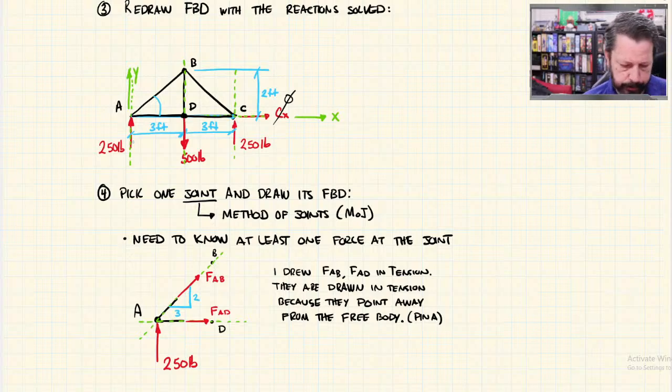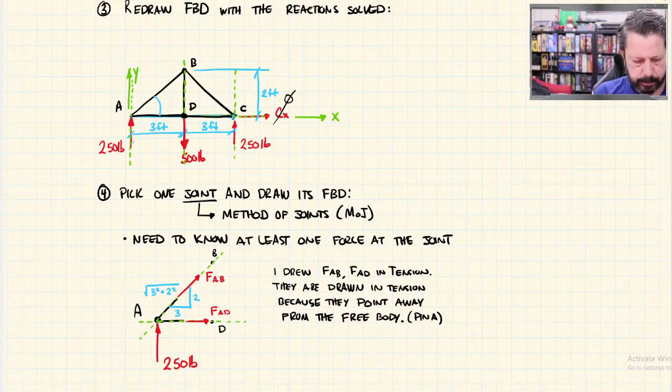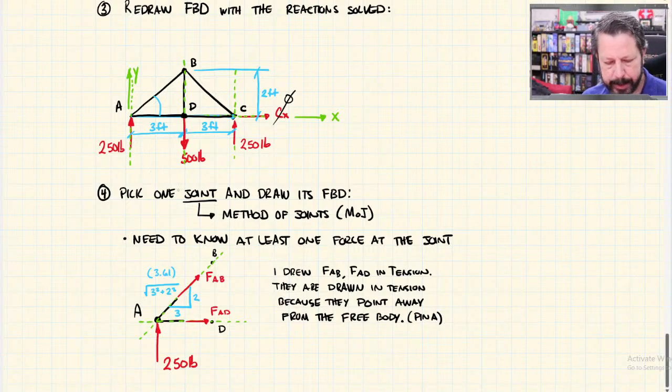That would make the hypotenuse what? The square root of 3 squared plus 2 squared, whatever that is. Let's see. 3 squared plus 2 squared, and the square root of that answer. Square root of 3 squared plus 2 squared. 3.61. Okay, we'll come back to that in a minute.